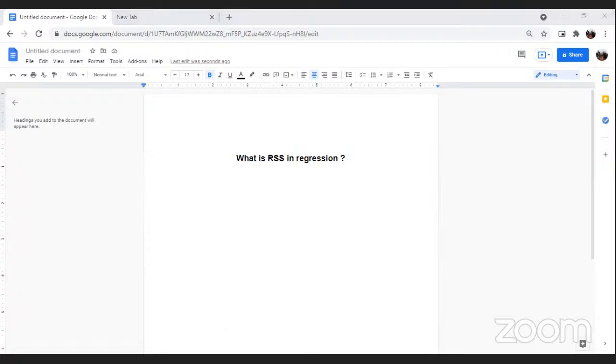And would you also help understand the use? Where is this RSS used? What does it determine?